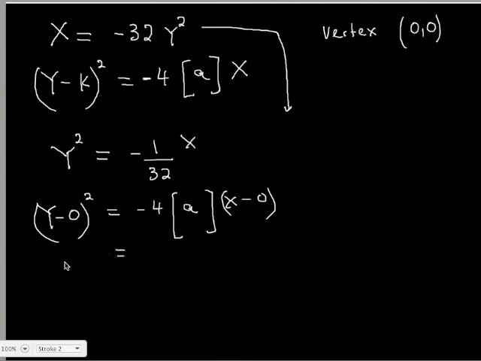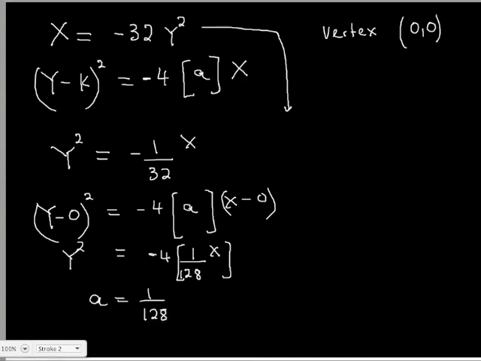So it follows that y squared is equal to negative 4 times 1 over, if you multiply 32 by 4, you'll get 128, x. So you know a is equal to 1 over 128.